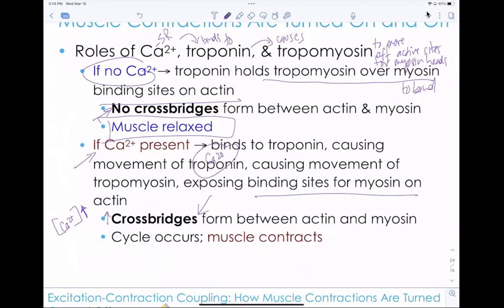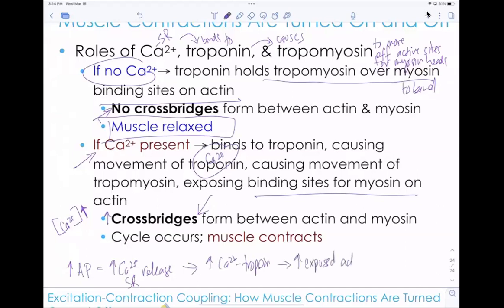So you can say more action potentials equal more calcium release from the sarcoplasmic reticulum, more calcium bound to troponin, more exposed active sites, more cross bridges formed.